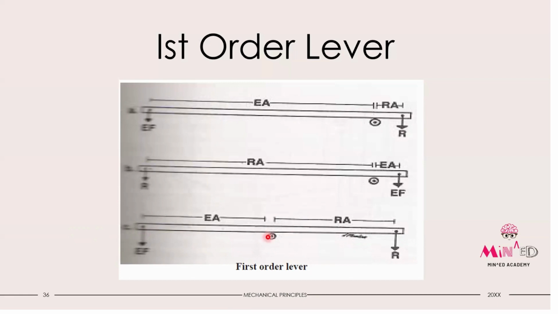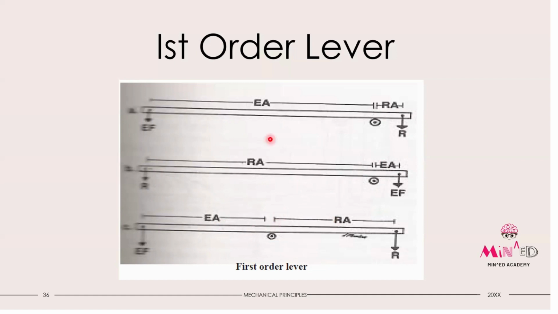And in this, if the fulcrum moves towards the effort arm, for example, this one, see, fulcrum is moving towards effort arm. Here, what you will find is resistance arm will be greater than the effort arm. Normally in first order lever, when fulcrum is in the middle, effort arm will be equal to load arm. That's why it provides stability.